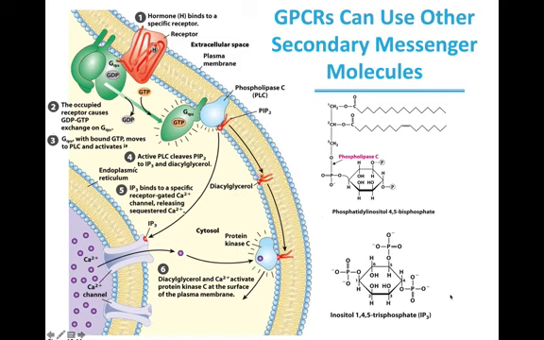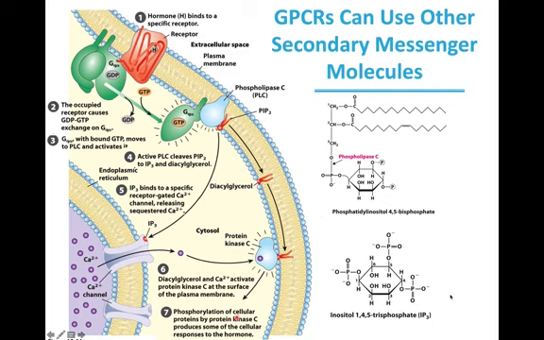Diacylglycerol, on the other hand, activates protein kinase C, that is shown here. Now, this diacylglycerol moves along the membrane and activates protein kinase C, and protein kinase C is also activated by the calcium released from the calcium channel. So both diacylglycerol and calcium activate protein kinase C. And this happens at the surface of the plasma membrane.